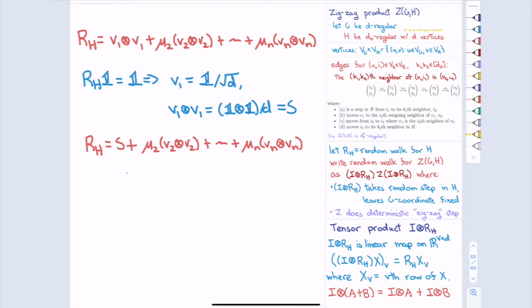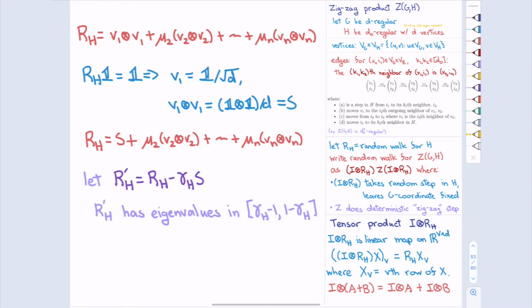If I subtract out gamma H parts of S, where gamma H was the spectral gap, the difference between 1 and mu2, then what's left has all its eigenvalues in this range. Because I'm just subtracting out a little bit from that first component, and everything else was already in this range, that's fine.